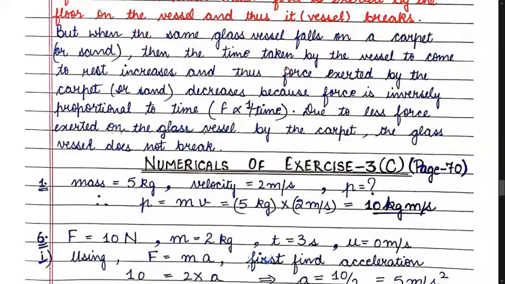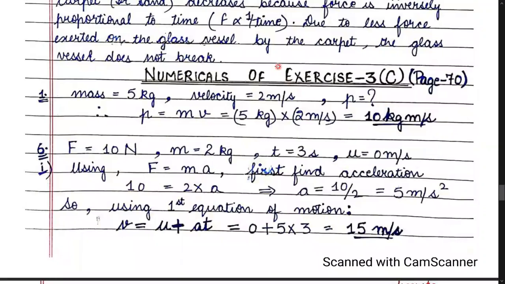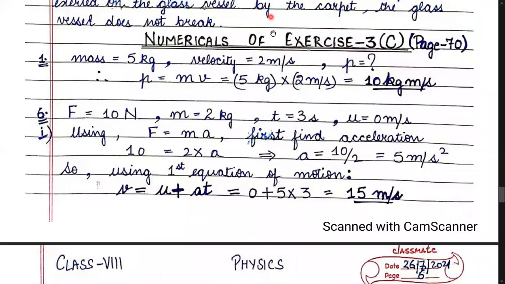So kindly do these two examples yourself, and then you may start doing the numericals given in exercise 3C on page number 70. For doing so, you have to take simple formulas, that is P is equal to mv and force is equal to mass into acceleration.